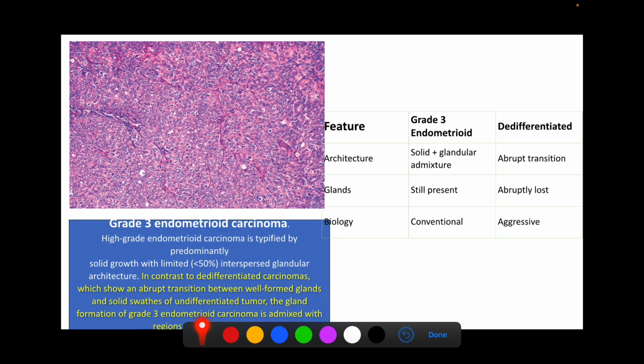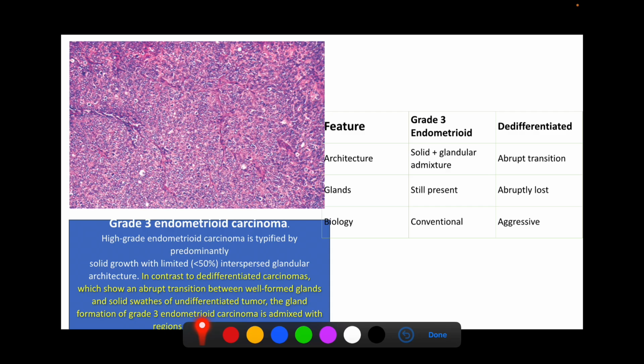Grade 3 means more than 50% of the tumor showing solid growth pattern. No glandular architecture is seen in this section, but it should be less than 50% glandular component and more than 50% solid component.